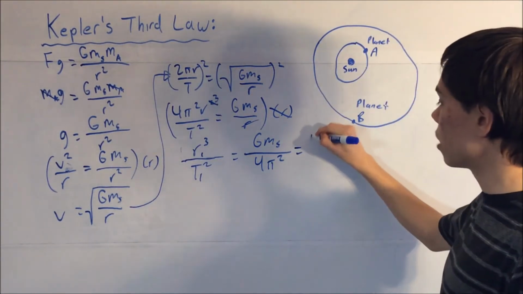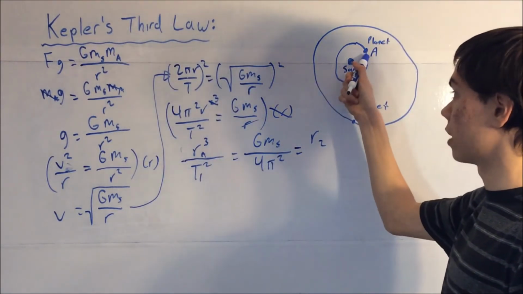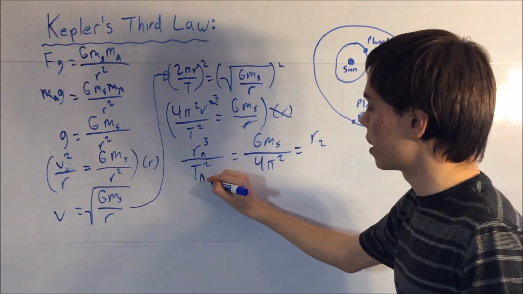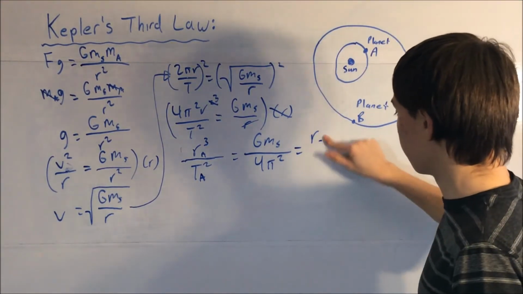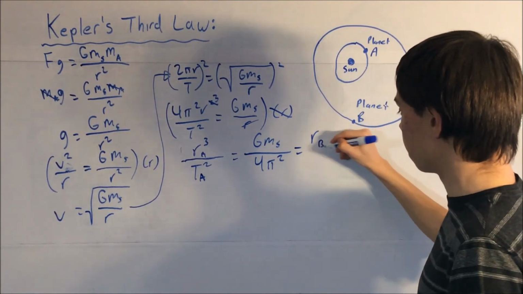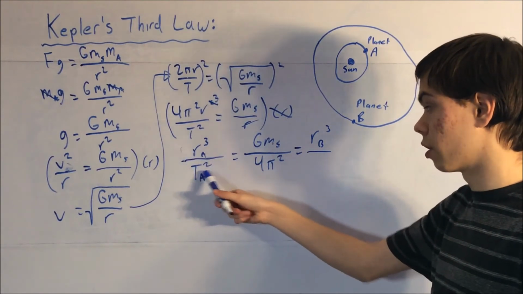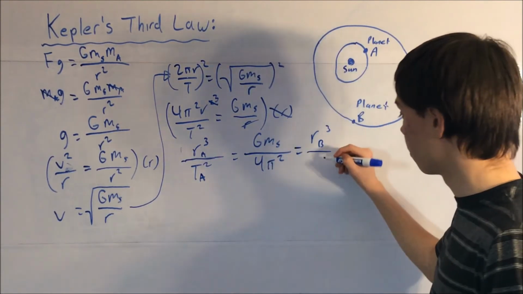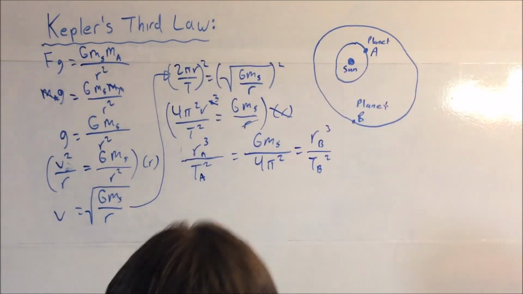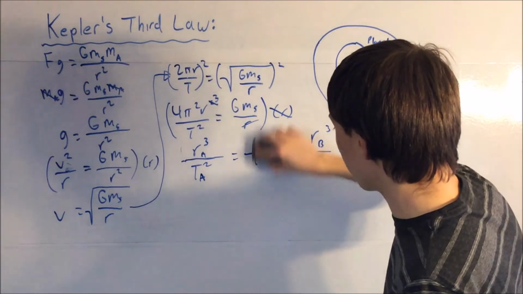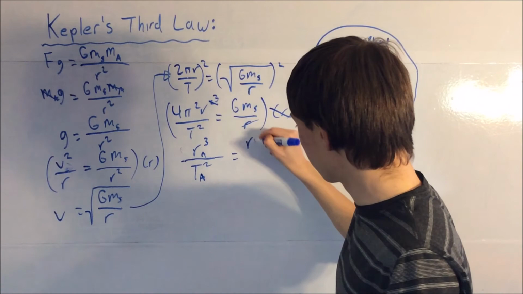And we could say, if we do it for planet, let's just say this is planet A, the average distance between the sun and planet A cubed over the period it takes A to go around the sun squared equals the same thing for planet B. Because if we were to do it, we'd get that same constant, because this works for any planet going around the sun. And so since they're equal to a constant, we can say that these things are equal to each other.